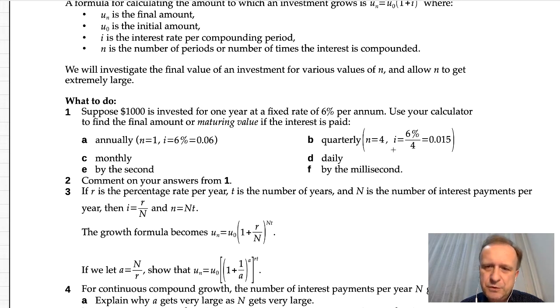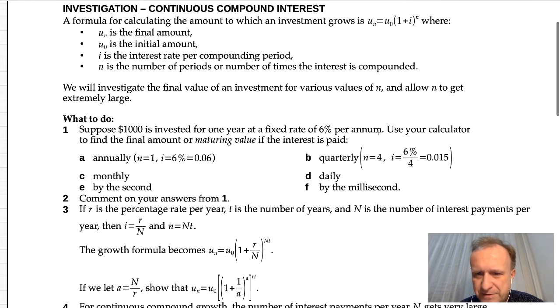But if you do this 4 times a year, and you know that 6% interest is per annum, for a year, it means that for each compounding period of a quarter of a year, you have to take the interest which is 1/4 of the interest per year. So instead of taking I equal to 6%, it's going to be 6% divided by 4 this time, and therefore it will have the effect on the answer.